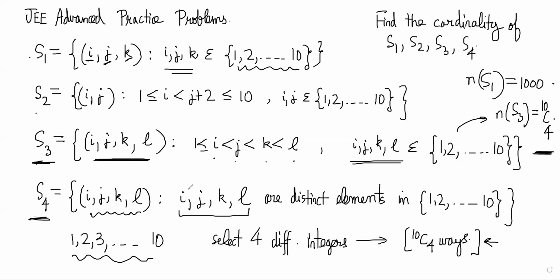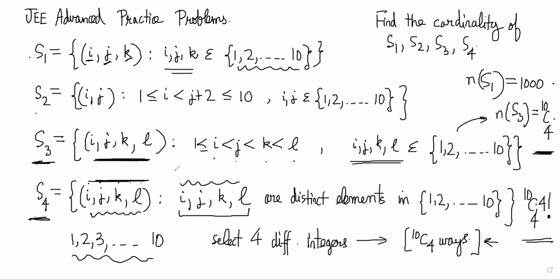So we have selected four elements, but now notice that we can arrange them in any particular order, right? The four integers that we have selected, we can arrange in 4 factorial ways. So 10C4 times 4 factorial will give you the different orderings of a single selection, right? So basically, since we have an ordered quadruplet, we need to care about the order of the integers inside it.